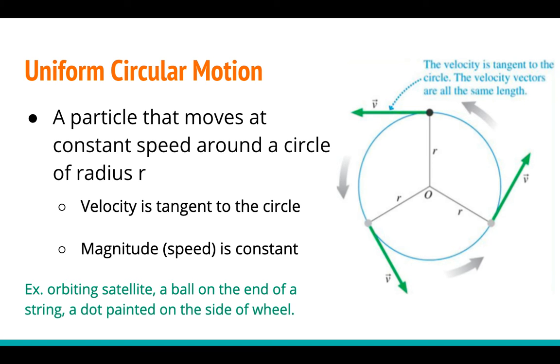Besides just a particle, these objects which we've talked about so far could be a car moving around an exit turn, a satellite orbiting Earth, a ball or a cork tied to the end of a string, even a paint dot on the side of your bicycle wheel. Uniform circular motion is a special case within circular motion in which the object rotates at a constant rate around that circular path.